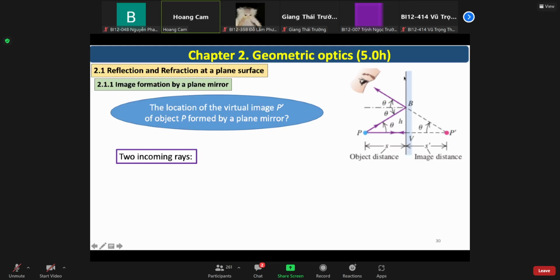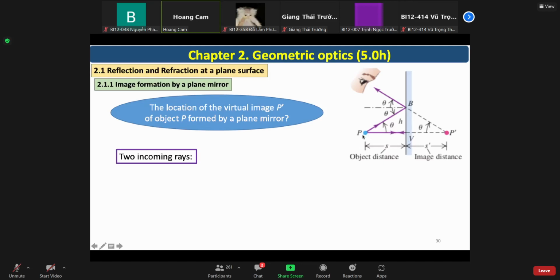Because PB is perpendicular to this mirror plane, finding the reflected ray is very simple. We draw the normal, and then we draw the reflected one. In this case, the normal is perpendicular to the surface, and it also coincides with the incident ray.